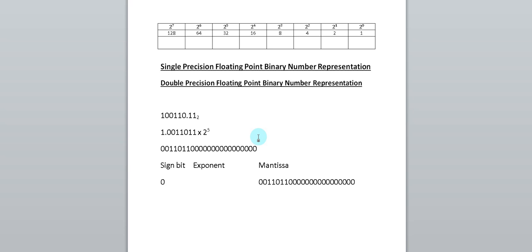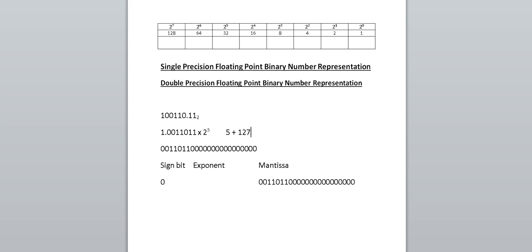For the exponent, we use this 5, the number of times we moved the point, and add it to the bias of the single precision format, which is always equal to 127.